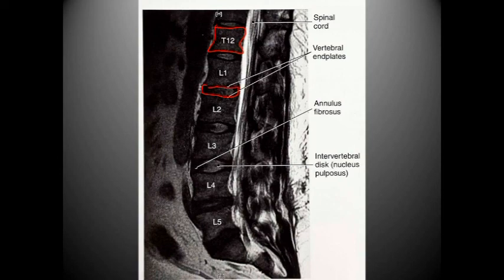The vertebral end plates are basically the superior and inferior portion of the vertebral bodies, which allow contact with the intervertebral disc. Notice that we have the division of the intervertebral disc. Here we have the nucleus pulposus being on the inside and the annulus fibrosus on the outside. And notice the difference in the way that these appear on the scan. Additionally, we have the spinal cord coming down.